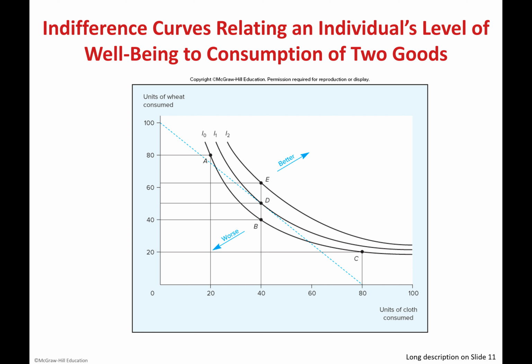So we don't care whether we consume 80 units of wheat, 20 units of cloth, or going to the other extreme, 20 units of wheat and 80 units of cloth. And obviously there are points in between. B is another point where we're consuming 40 units of wheat and 40 units of cloth. We're indifferent between these points.